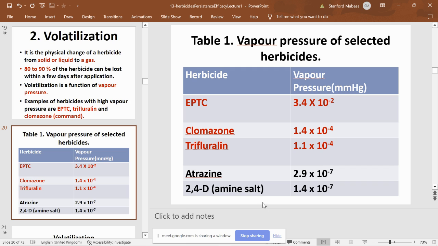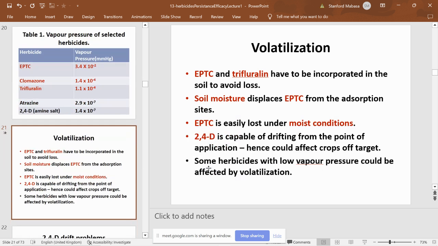In some cases, the formulation of the herbicide, like 2,4-D, may cause it to be easily lost through volatilization. Even atrazine can also be lost through volatilization.